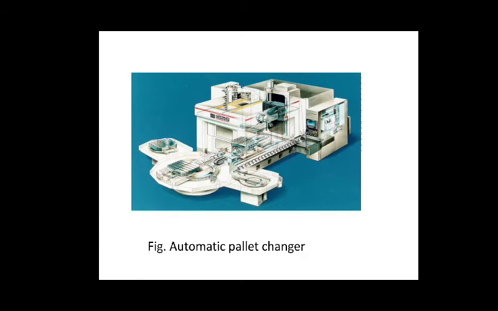But in the meantime here you can load the raw material again, and here you can remove the finished product. From here it moves over here, again from here to here. So when the operations are being performed over here, the raw material is loaded here, and meanwhile the finished part can be unloaded from that side. Here you can see one of the pallet changers.